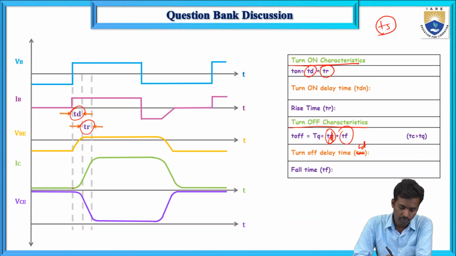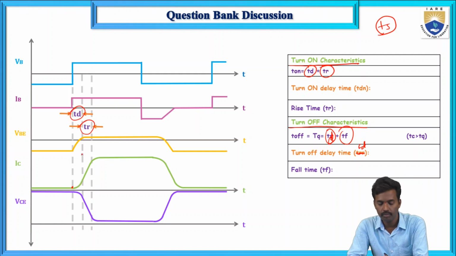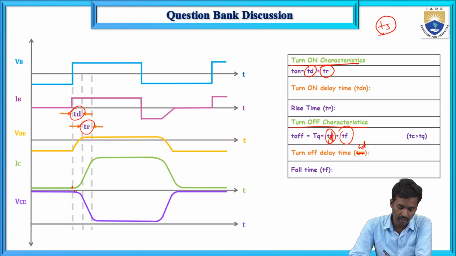The collector current reaches 10 percent of its final value, and the collector emitter voltage goes from 100% to 90%. That time is known as the delay time. And next, what about the rise time? It is from 10% to 90%, and VCE decreasing from 90% to 10%. That is the rise time.